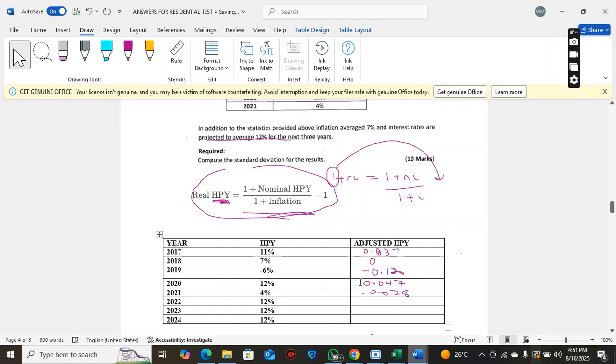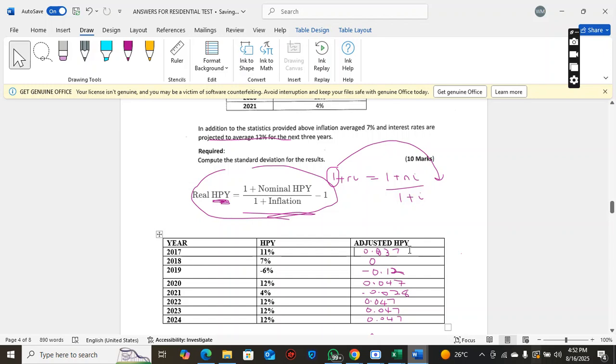We've already seen 12% is 0.047, so we'll put it here: 0.047, 0.047, 0.047. Colleagues, any questions?